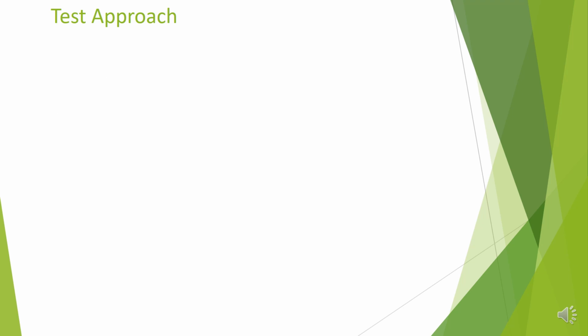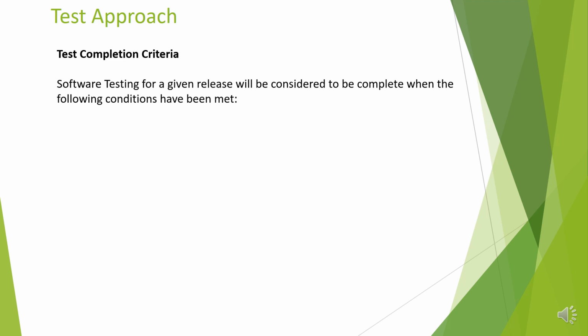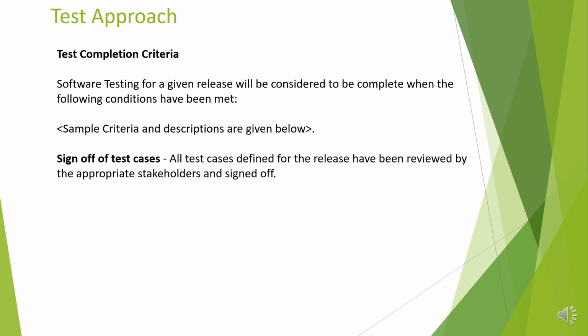Next section in the test approach document is test completion criteria. Software testing for a given release will be considered to be complete when the following conditions have been met. Sign off of test cases. All test cases defined for the release have been reviewed by the appropriate stakeholders and signed off.